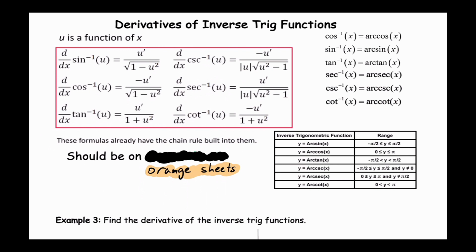So if it says arc, it means inverse. If they have that little -1 symbol, that's inverse. We're literally just going to follow along this list. They're going to say find the derivative of one of these, and then you're just going to do whatever the rule says. That's all you're going to do.